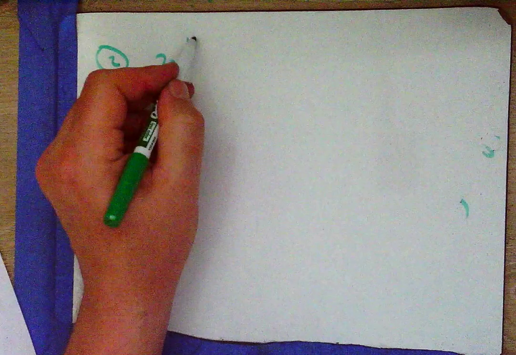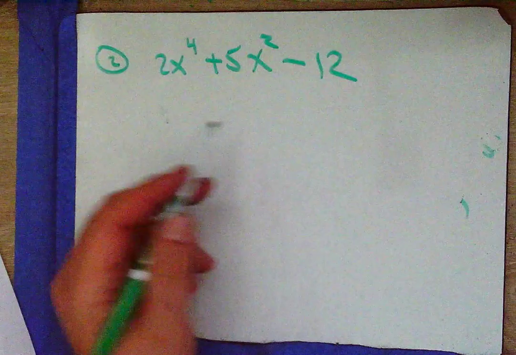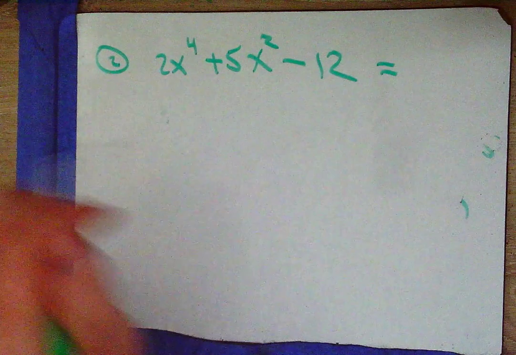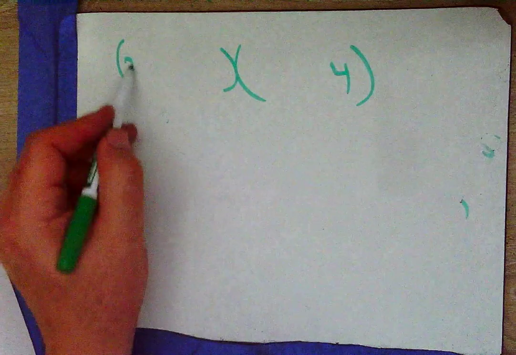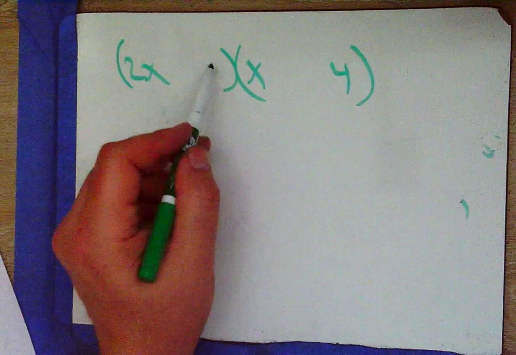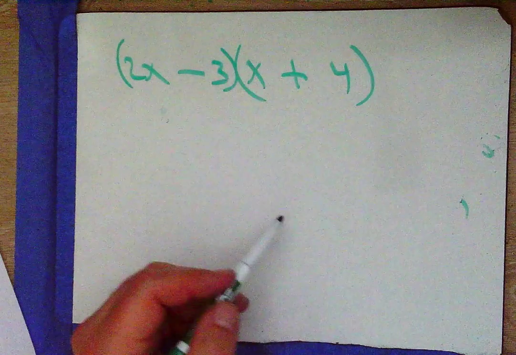How about problem number 2? 2 says 2x to the 4th plus 5x squared minus 12. Wait, didn't I just factor that? Oh, we're solving. Oh my goodness, let's go back to that last problem. So that's a 2x, and that's an x, and that's 8, 3 minus plus.